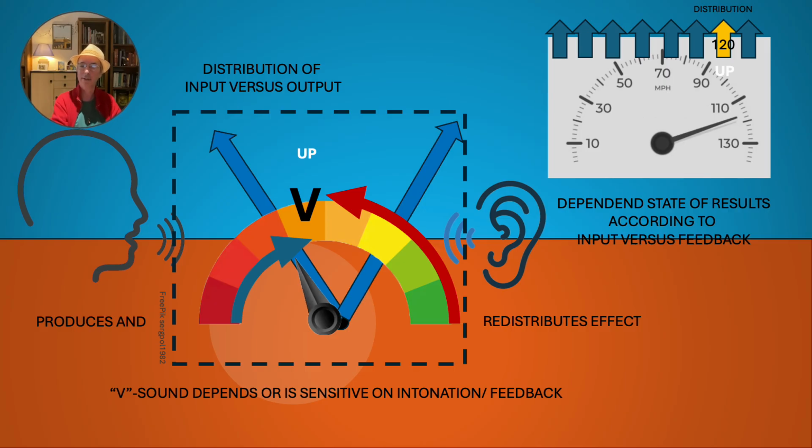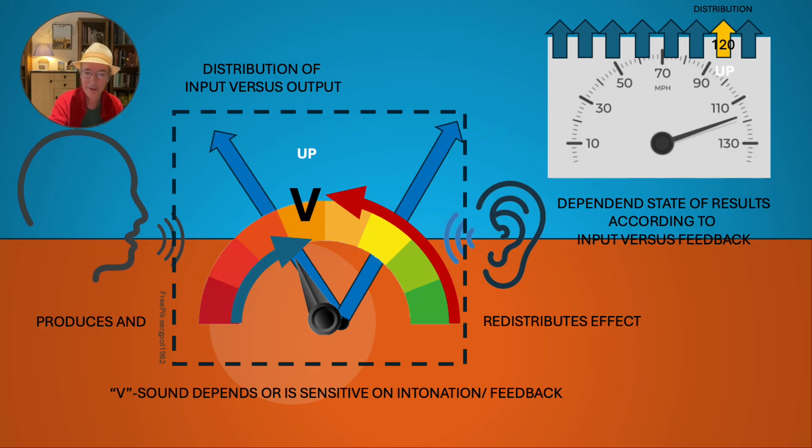So there is this dependent state of results according to input versus feedback. You produce something, and something is redistributed as an effect, and that is the expression of the V as well. That's a bit closer to where the V is associated, how it is associated, and also why it is associated from a distance from the full picture, because it's never at a fixed place or a fixed timing, but it all depends.